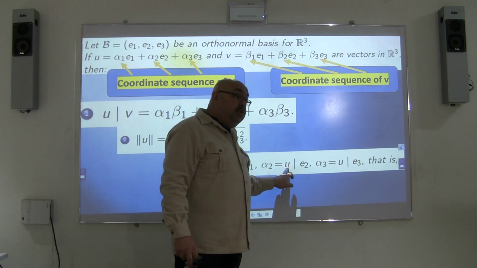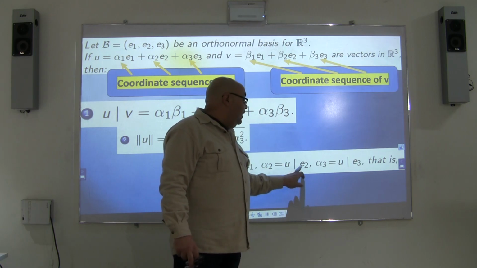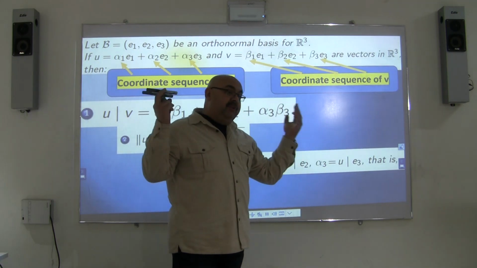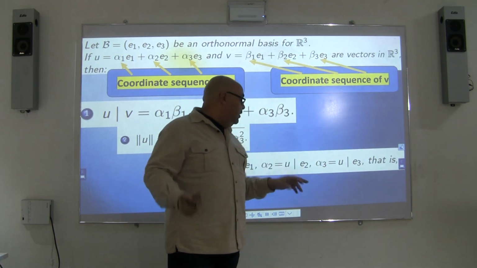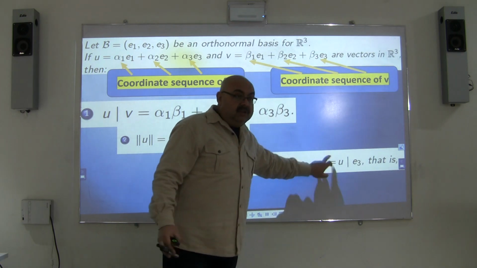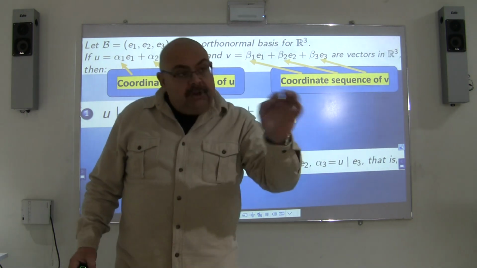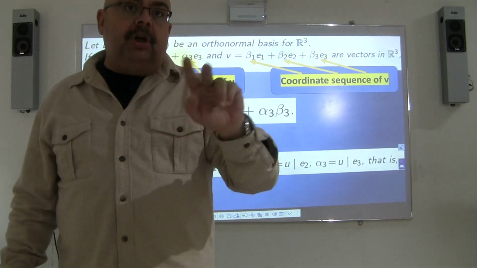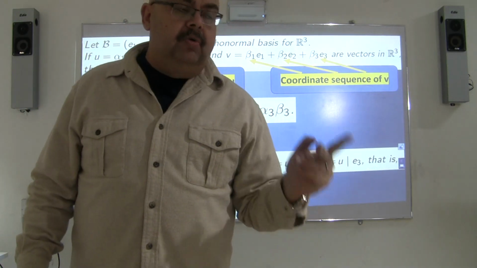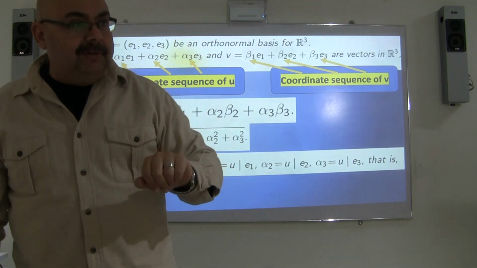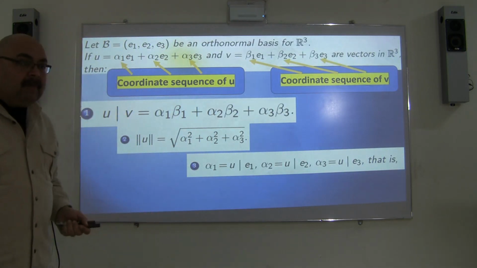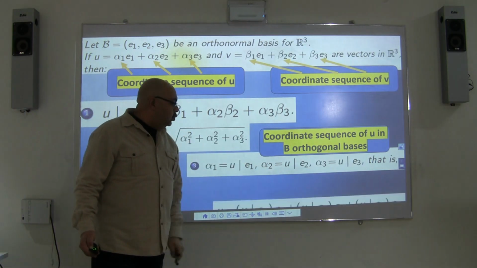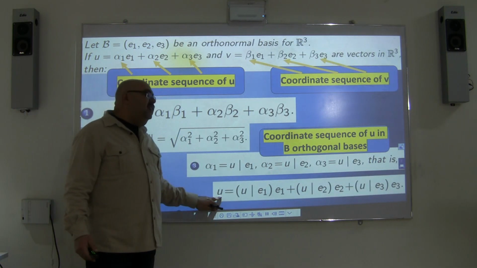Because if you multiply u by E2, which is 0, 1, 0, it will eliminate the first and third coordinates and there will remain only alpha 2. Also, I introduce this remark here in order to generalize it to another basis down the road. Are you with me? So now, these are the coordinates of u with respect to an orthogonal basis. Now I can write u.